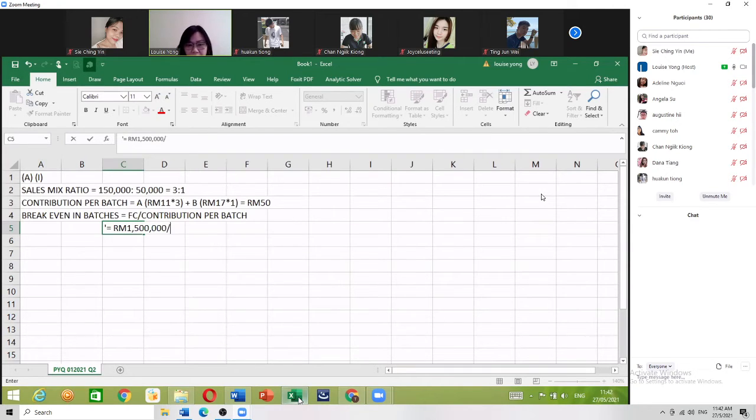Divided by your contribution per batch 50. So what is your break-even in batches? 1.5 million divided by 50. So 30,000. 这是 in batches. OK 吗？Sorry, 30,000 batches. Then after that, 你要去算咯。So what is your break-even?